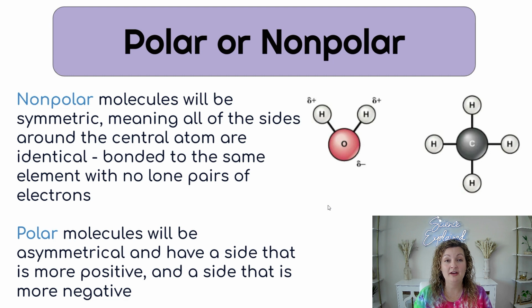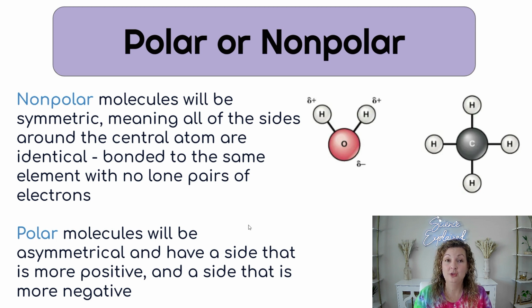Now, we do have a difference between polar and nonpolar shapes as well. So our nonpolar molecules are going to be very symmetrical, meaning that all sides around the center of the atom are going to be identical, kind of like this one right here that you're seeing. So they're bonded to the same elements with no lone pairs of electrons.